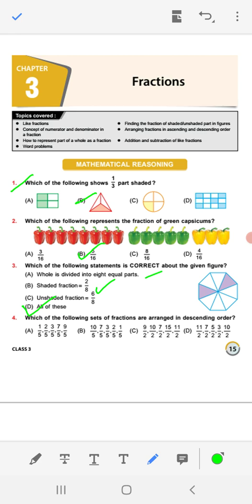They should be in descending order. See which one is correct option. Here is 1, 2, 3, 7, 9 ascending. Number B option 10, 7, 3, 2, 1. This is the descending order way. C number neither descending nor ascending. D number also. So option B is correct here.